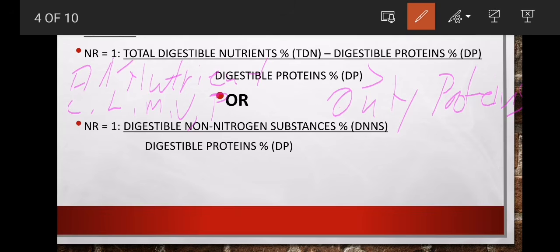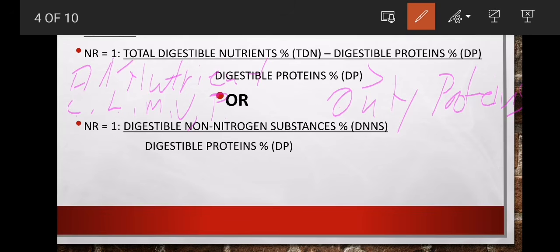Sometimes, let me highlight this one, sometimes they may not give you the exact TDN. Take note of this one. But what they can do, they can give you percents for carbohydrates, percent for lipids, percent for minerals, vitamins, and proteins.